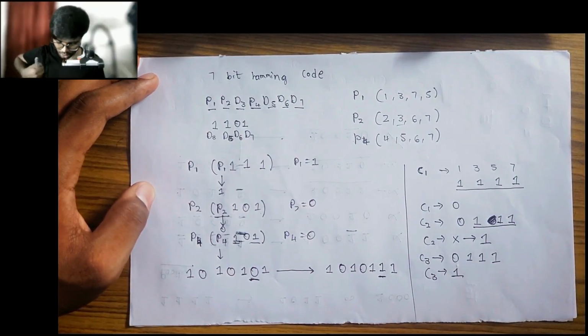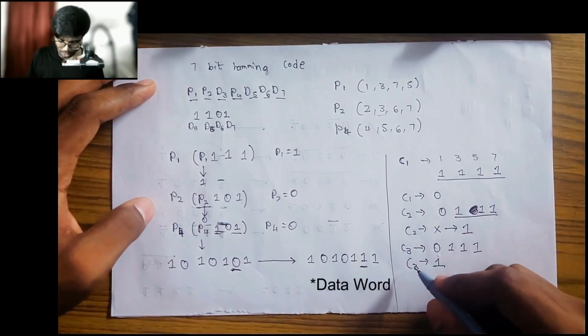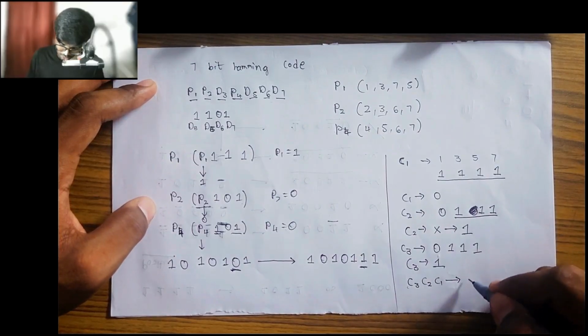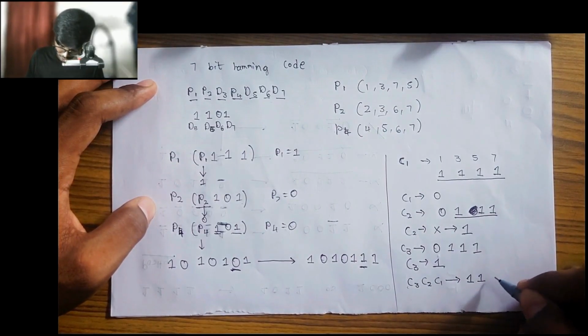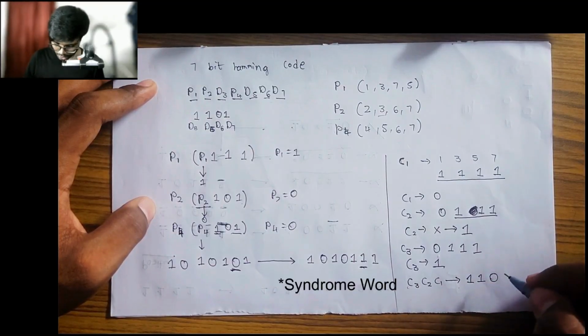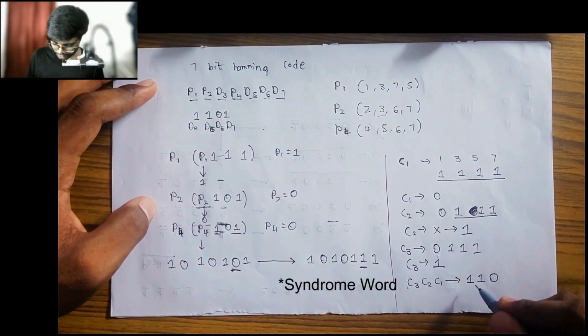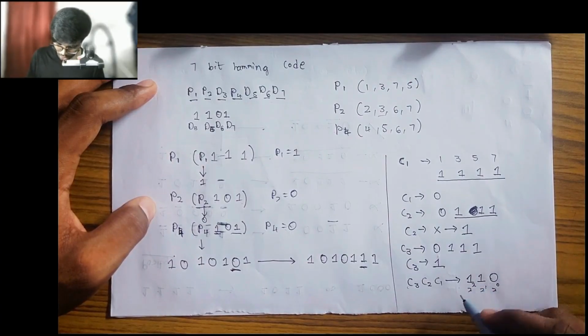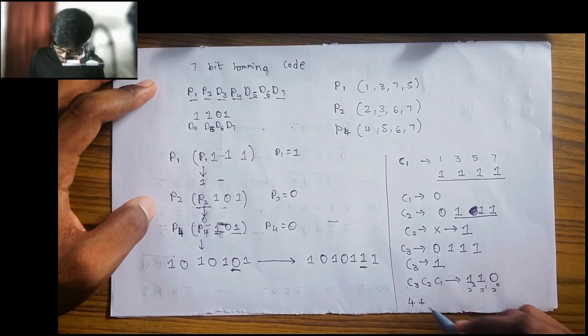Okay. Now the bits C3, C2, C1, which are 1, 1, 0, are called the syndrome bits. If we see this as a binary code, this is 2 power 0, this is 2 power 1 and this is 2 power 2. If we add it, that is 4 plus 2 plus 0, which is 6.